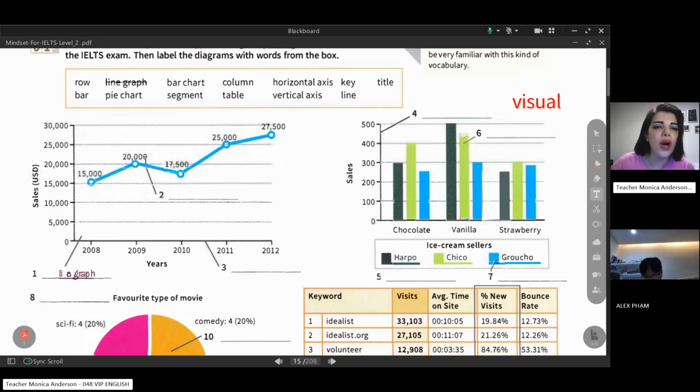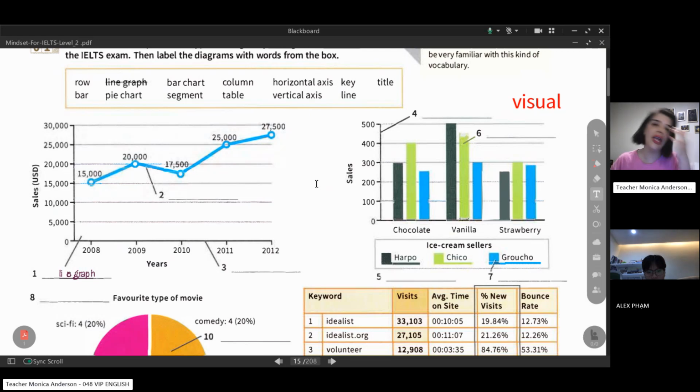The first one is, of course, a line graph, or a graph. So a line graph is also known as a graph. Now let's talk about number 2. What do you think number 2 is? Of course, it's a line. We don't say the line here, just line.